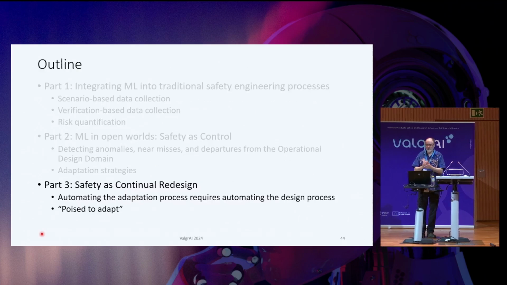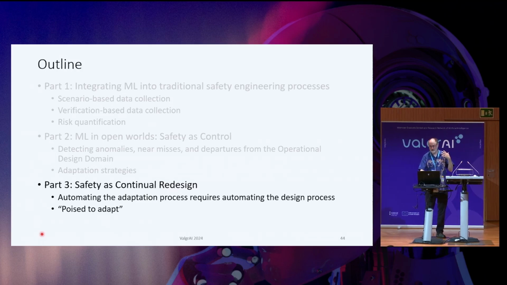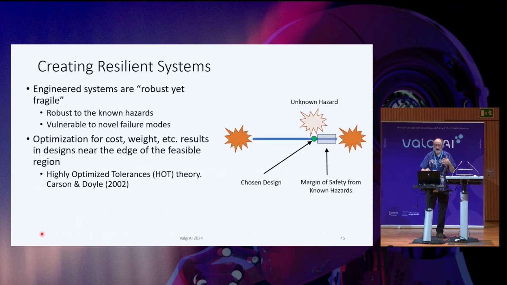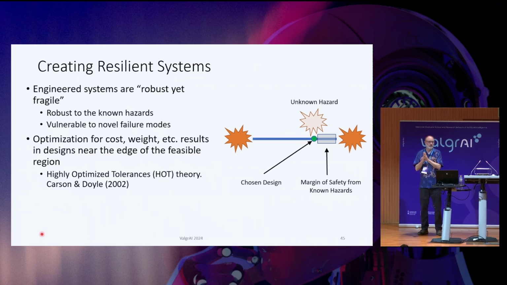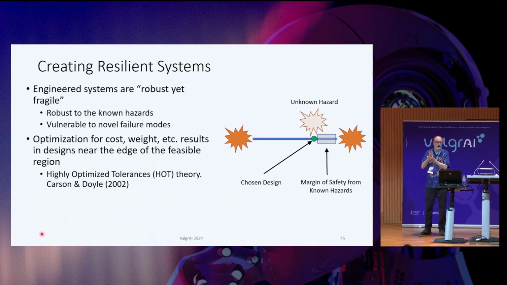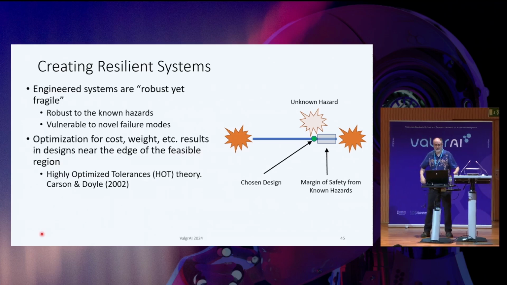Okay, so let me finally talk about safety as continual redesign. One of the people whose work I hugely like is the work by Doyle at Caltech and David Woods at Ohio State.